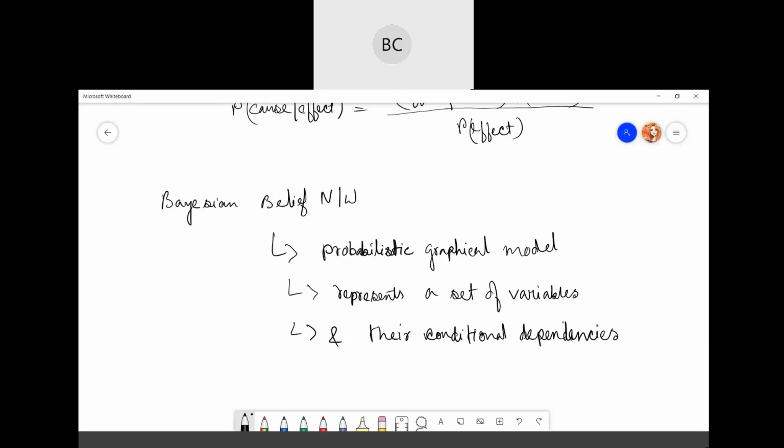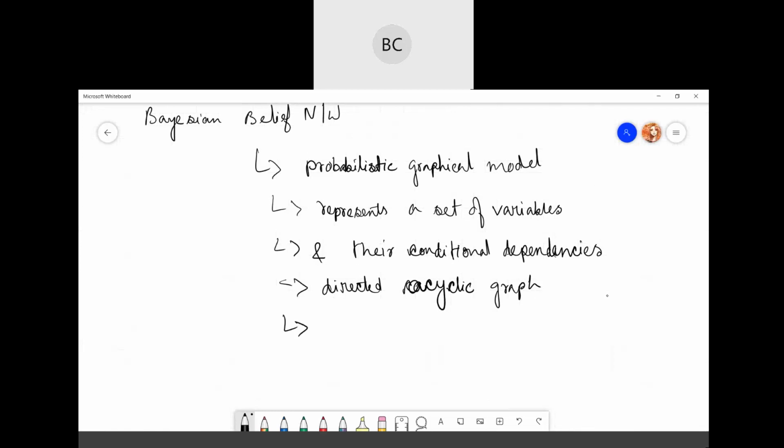And it basically uses a directed acyclic graph. These networks are built from the probability distribution and also use probability theory for prediction and anomaly detection.